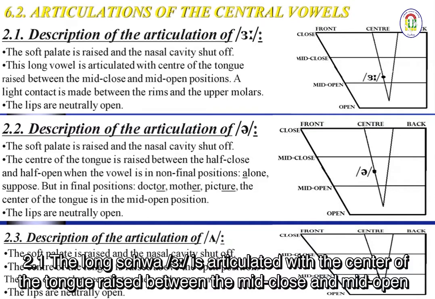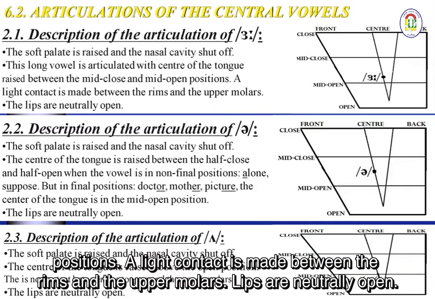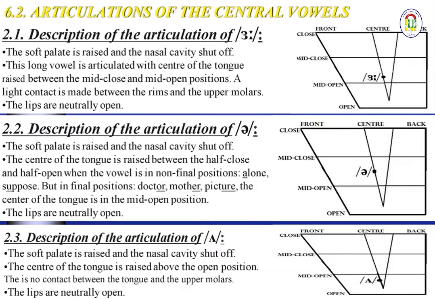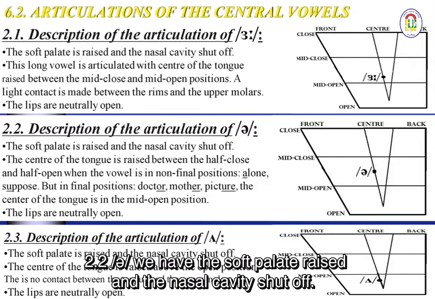The long schwa is articulated with the center of the tongue raised between the mid-close and mid-open positions. A light contact is made between the rims and the upper molars. Lips are neutrally open.